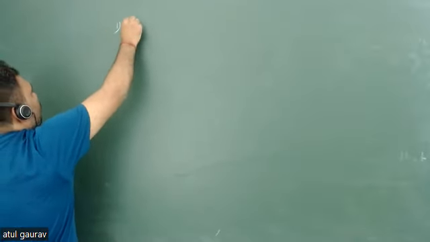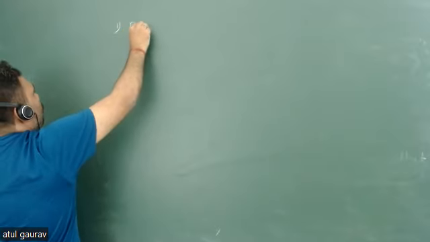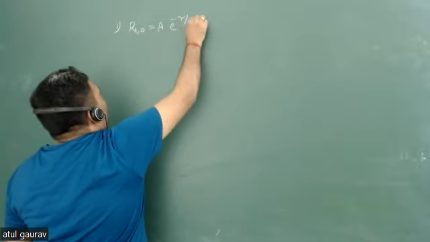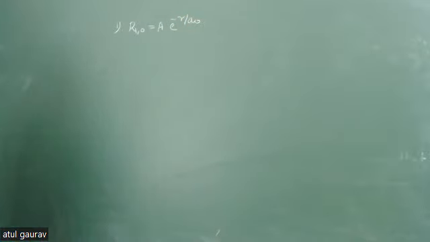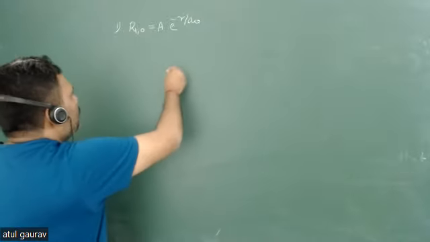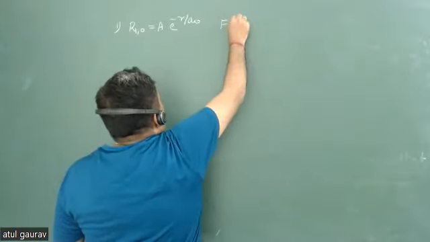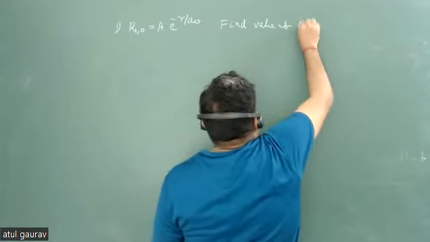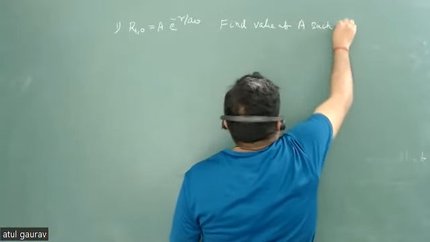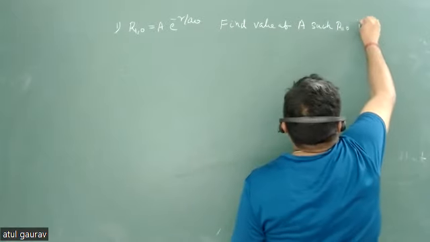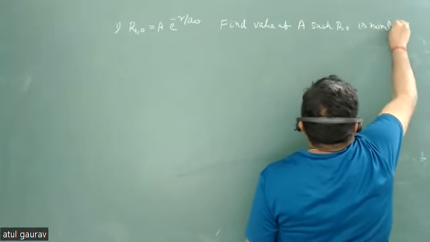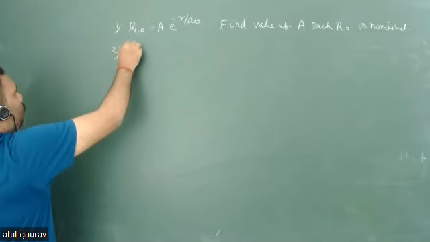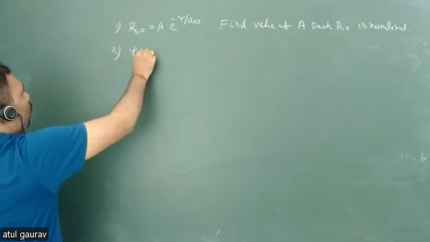The ground state radial wave function R10 is given by A e to the power minus r by a naught. So the first question is, find the value of A such that R10 is normalized. Second question, we have to just write psi 100.